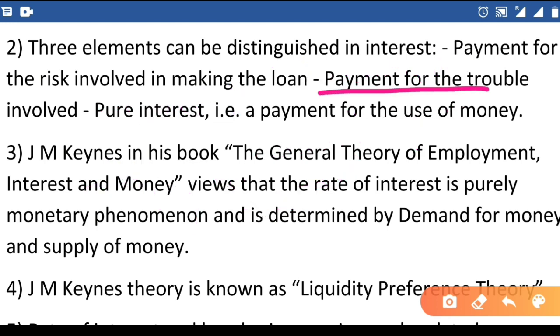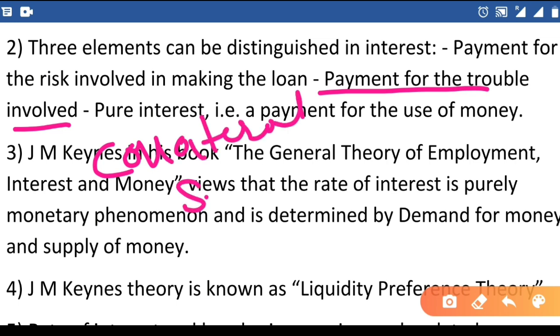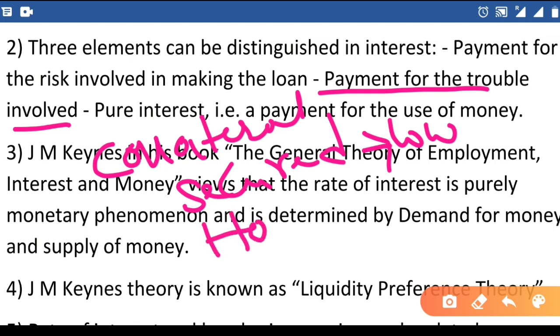Payment for the trouble involved. For example, we have different loans. If we have a collateral security, these loans are called secured loans. In secured loans, the rate of interest is very low. For example, if we take a housing loan, we have a security as a house.